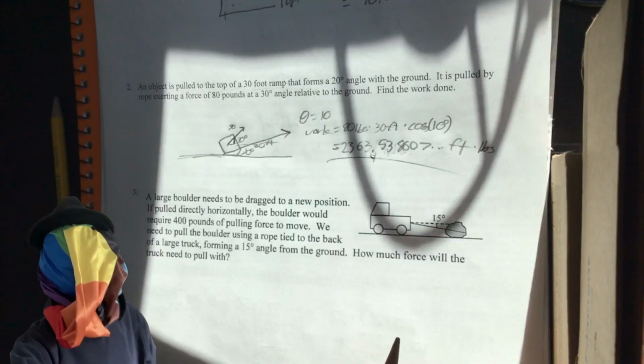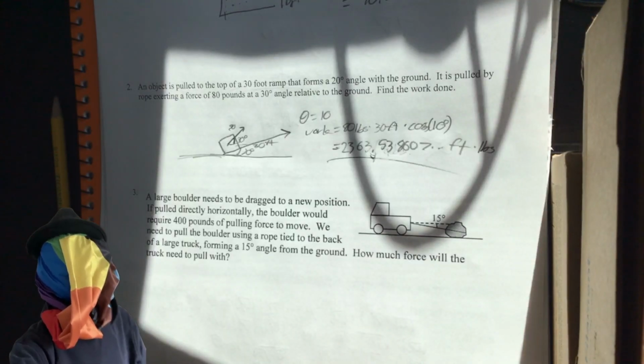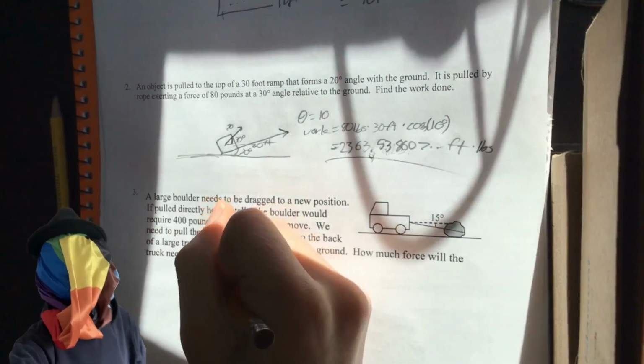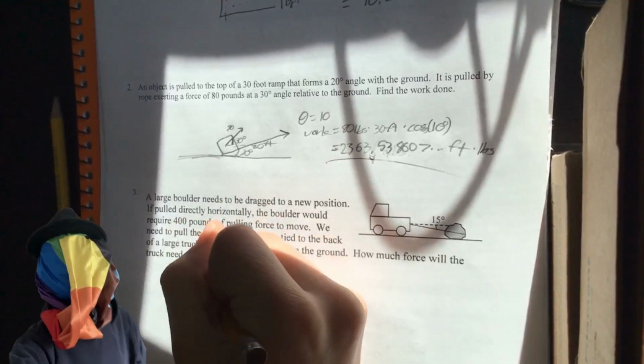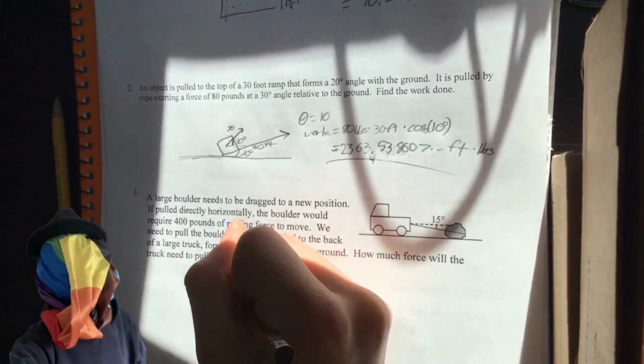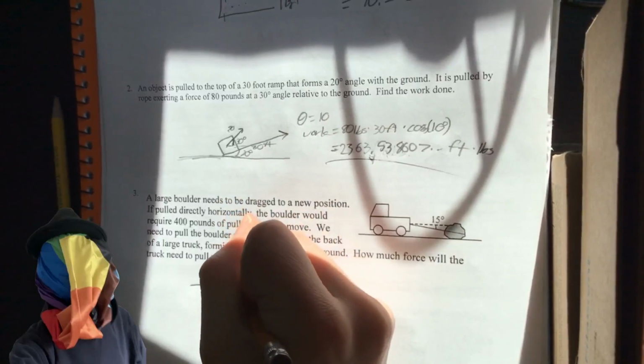So we just divide it by the cosine. We just go 400 over cosine of 15 degrees.